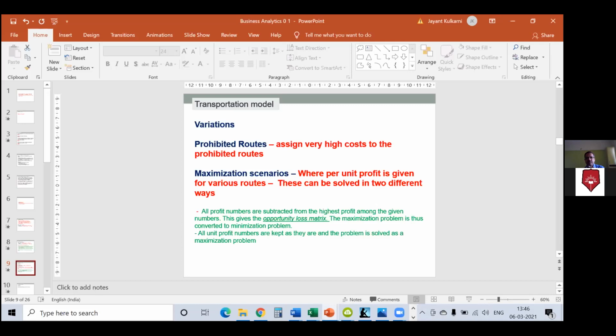Just to answer Vedant's question, variations in transportation. The first variation, of course, is maximization. And the third is, of course, are there any prohibited routes? So these are the variations we're talking about.